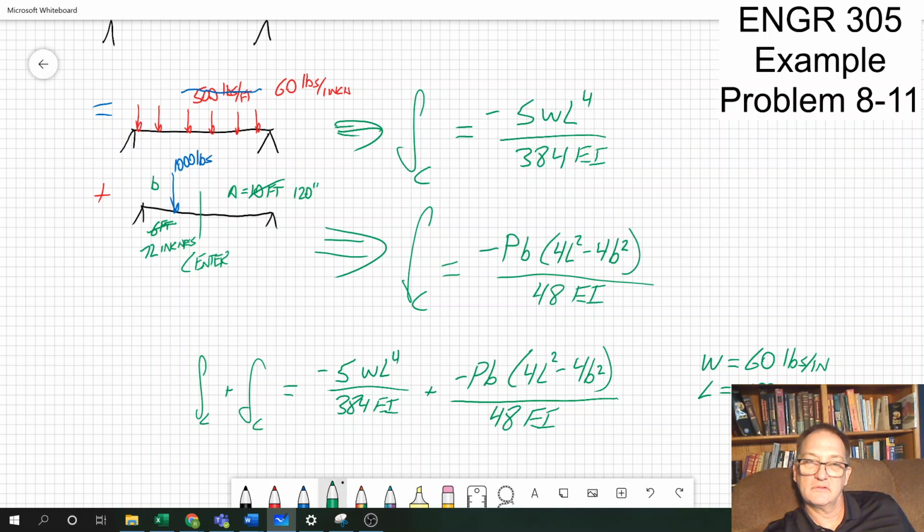Yeah, okay, I'll buy that. So B shows up in this equation. B was equal to 72 inches. So I know W, L, E and I. E, I'll put that at the top. E is equal to, it was 1900 PSI, I think.